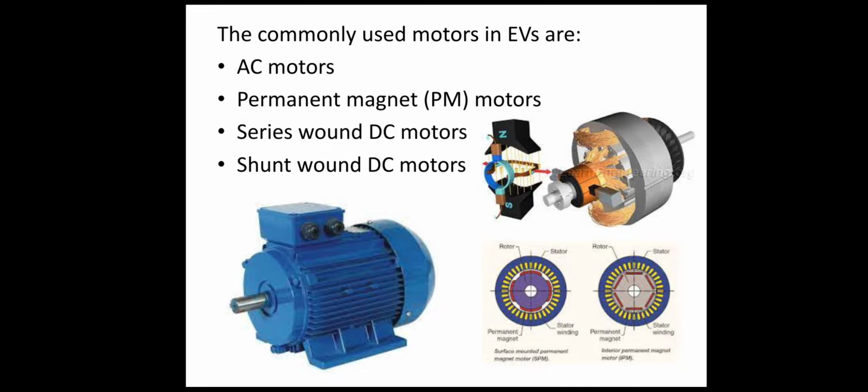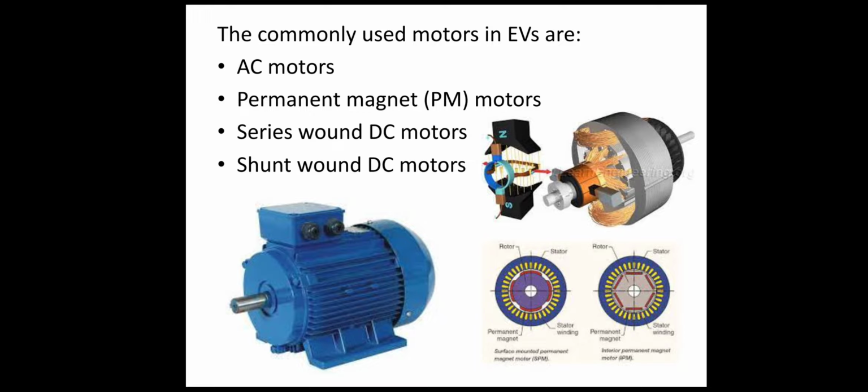We know about all these motors briefly from electrical machines: AC motors, that is induction motors and synchronous motors, permanent magnet motors and switch reluctance motors. You can also study AC motors and DC motors. We will not discuss more right now; we will show them later in other chapters.